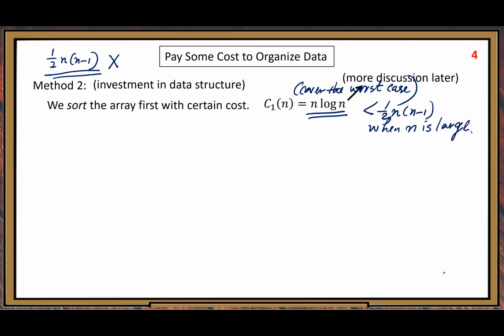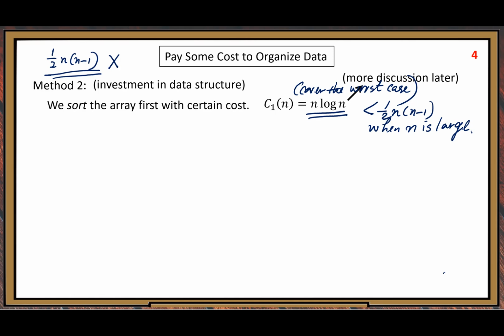When n is small, n log n may not be smaller than 1/2 times n minus 1, but as n gets larger and larger, the first expression compared with the second will be smaller and smaller.